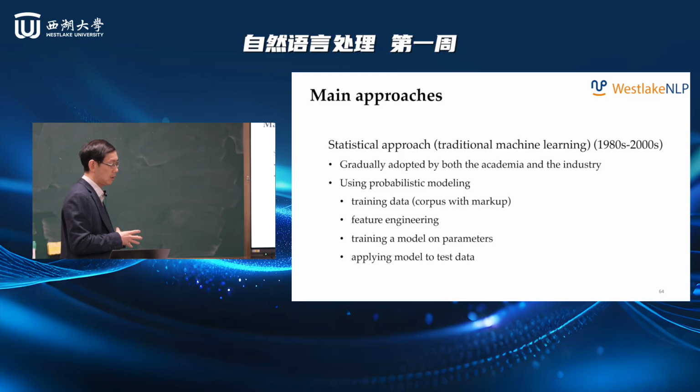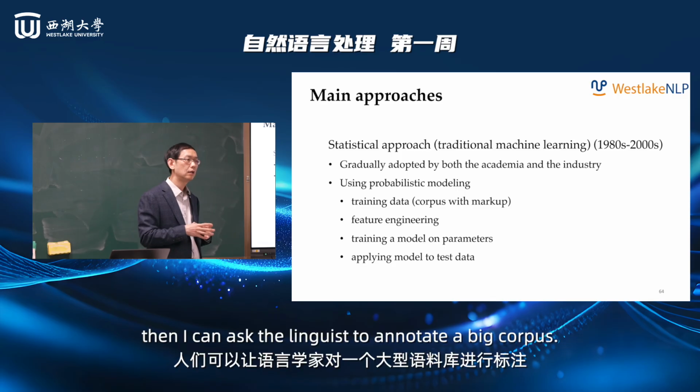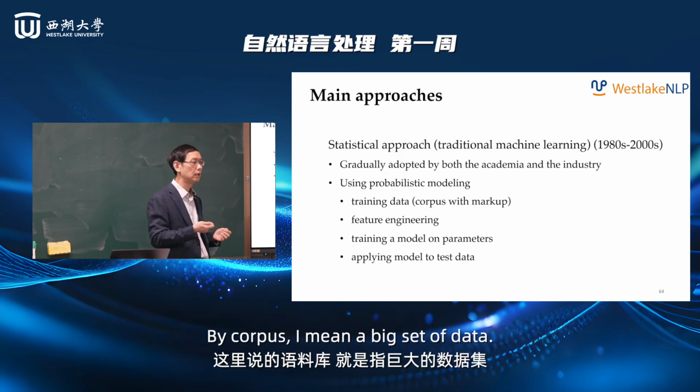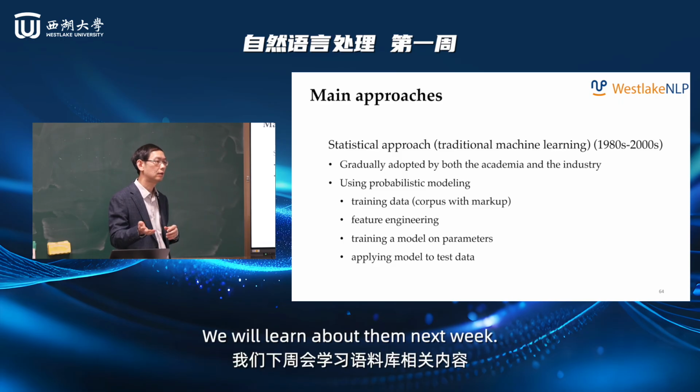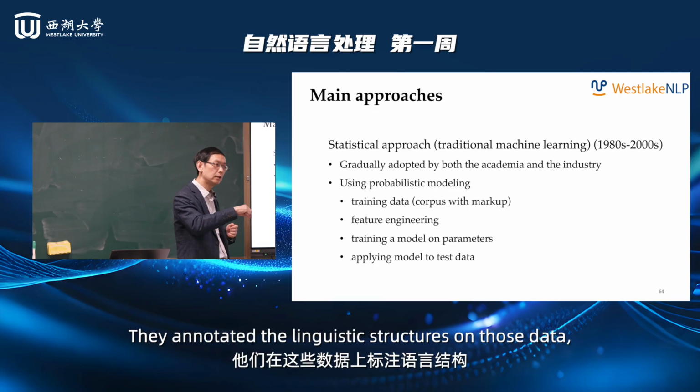All right. So rather than having a linguist write a lot of if-then rules, I can ask the linguist to annotate a big corpus. By corpus, I mean a big set of data. Okay, we will learn about them next week. Okay, they annotate the linguistic structures on those data.